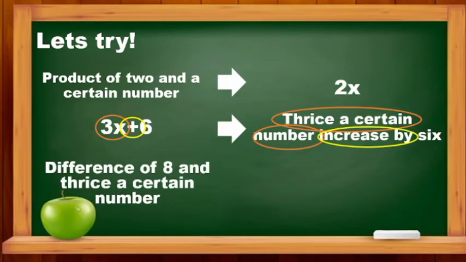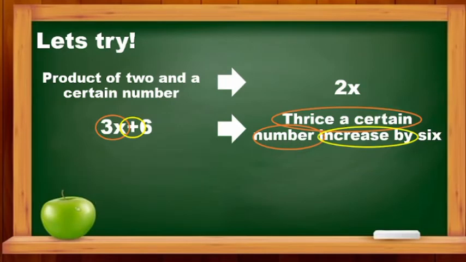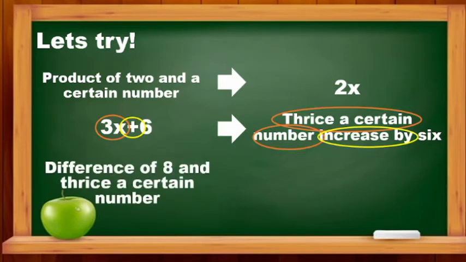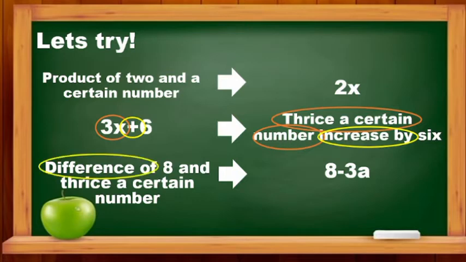Don't be confused if you have a different translation from mine, since there are lots of different ways to translate this expression to a word phrase. And the last one, difference of 8 and thrice a certain number is translated to 8 minus 3a. The difference of is translated as subtraction in our mathematical phrase, and thrice a certain number is 3a. Again, reminder, you can use any letter in the alphabet.